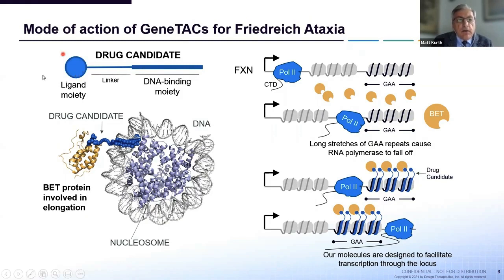There's a linker, and then there's a ligand moiety, another part of the molecule that's designed to literally help the RNA polymerase walk through that region of triplet repeats and allow a full-length transcript to be made of the messenger RNA precursor, which is then spliced to make a normal RNA that's able to do all the functional activity required within the cells of the patient.